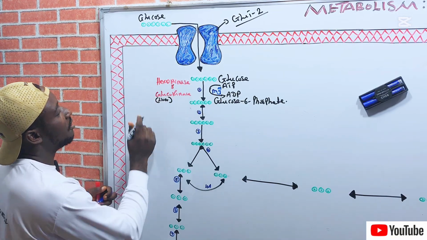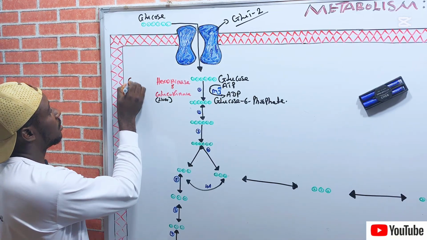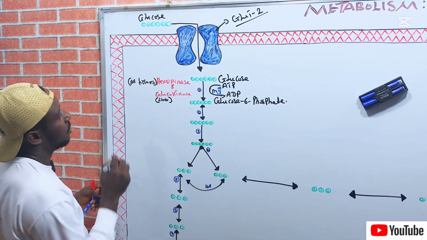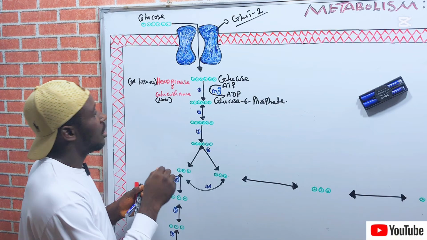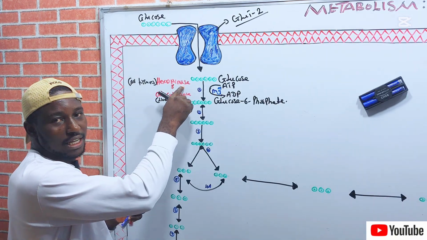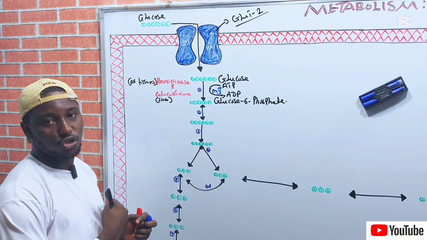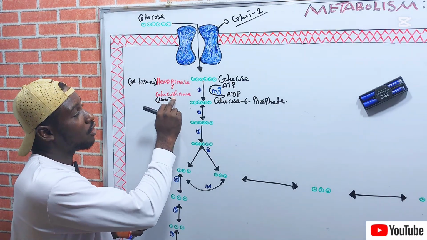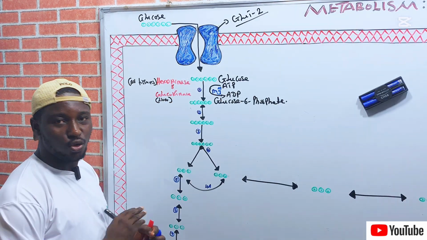This hexokinase phosphorylates all hexose sugars, while glucokinase only phosphorylates glucose.